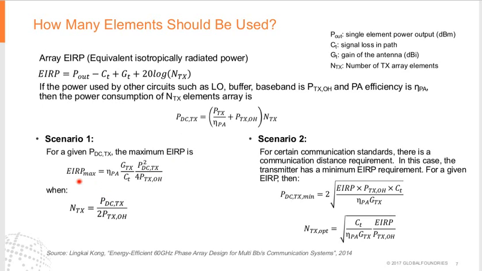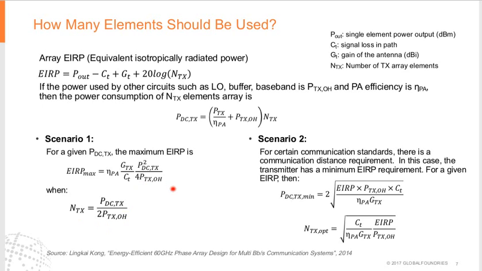Based on the derivation, the maximum EIRP is equal to the PA efficiency times the antenna gain divided by the signal loss, and also has a square relationship with the total power consumption divided by 4 times the power consumption of other blocks. This maximum EIRP is achieved when the element number equals the total power consumption divided by 2 times the power consumption of other blocks.